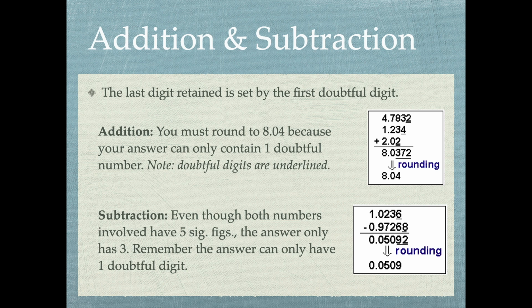I've measured 4.7832, 1.234, 2.02. So each person that made those measurements guessed out to that last number. So I only get to keep the number up to the least precise guess that was made in all 3 of those numbers, which happens to be out to that 2.